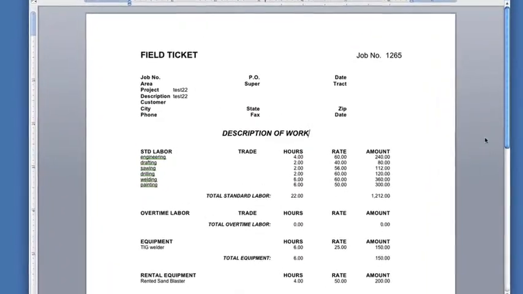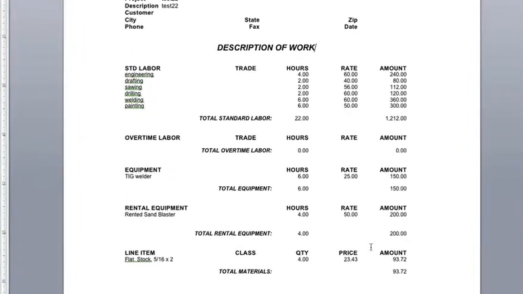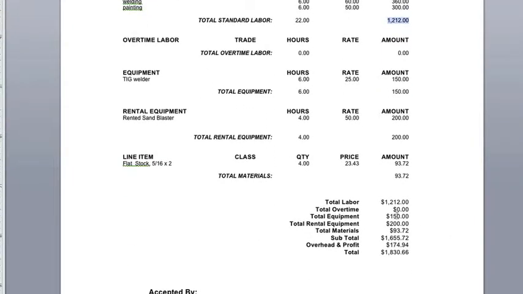But if you look at this now, you've got your header information on top. Here's your labor section. So we've got our different types of labor and the rates and the amounts, and it's all extended. So here's your labor amount. You've got no overtime on this job. Here's your equipment to atone for the wear and tear on your equipment. Here's your rental equipment. Here's your materials.